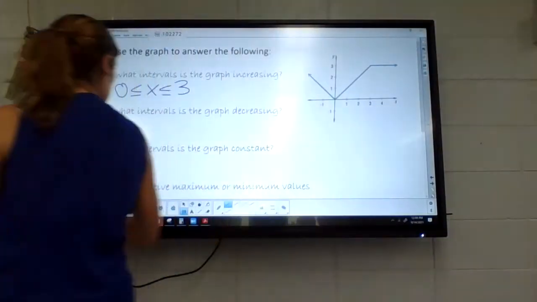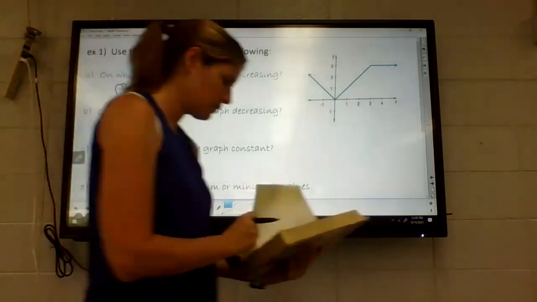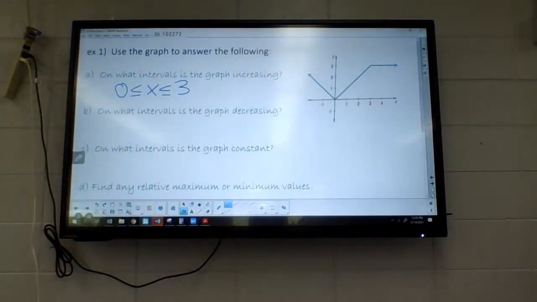So take a minute. What interval is the graph decreasing, or is it decreasing?